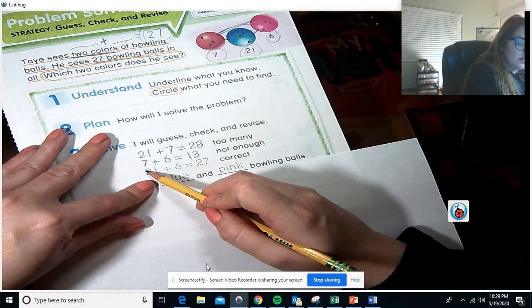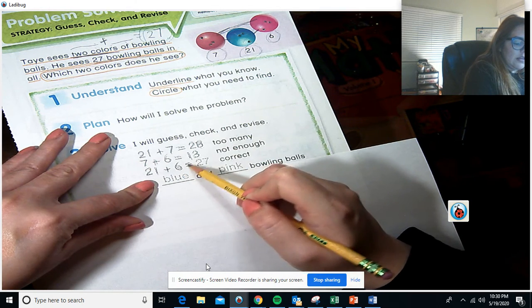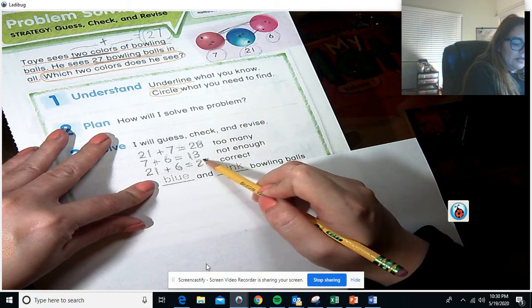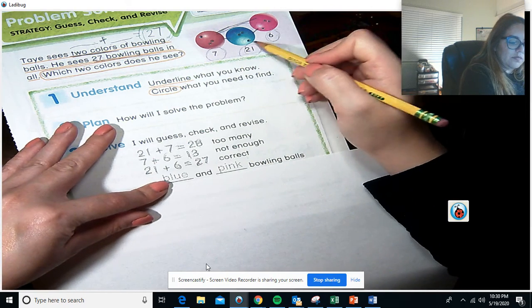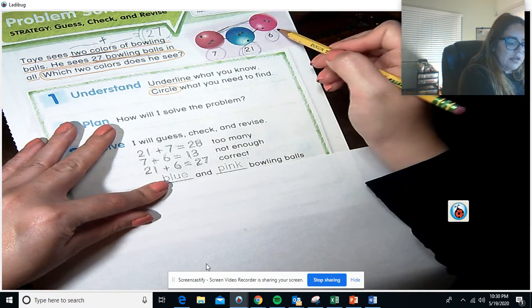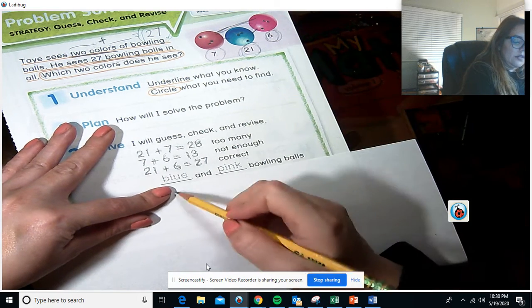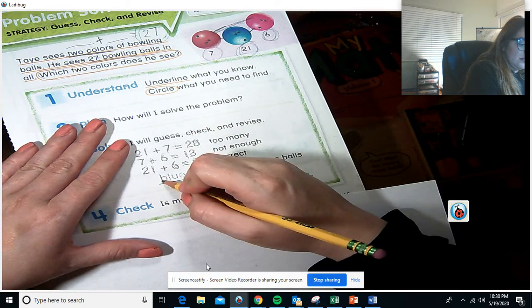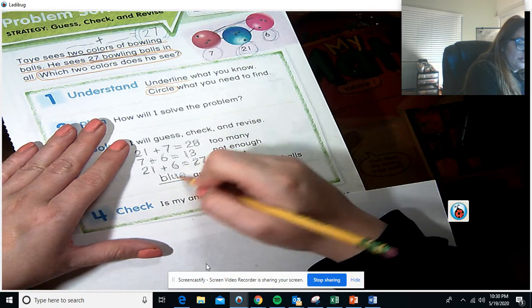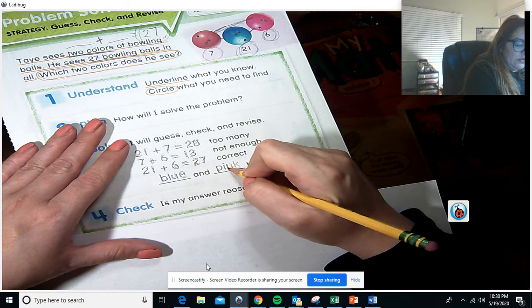So 21 plus 6, that equals 27. So that's correct. So he saw blue and pink. So he saw blue and pink bowling balls. So you see how they tried all 3 ways until they figured out which one was right.